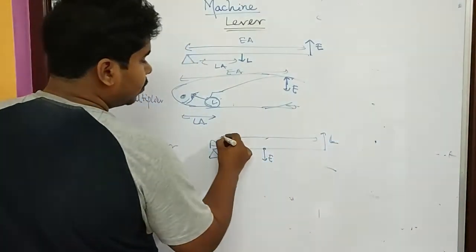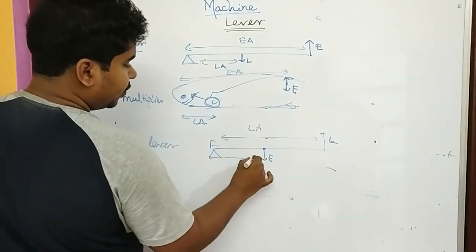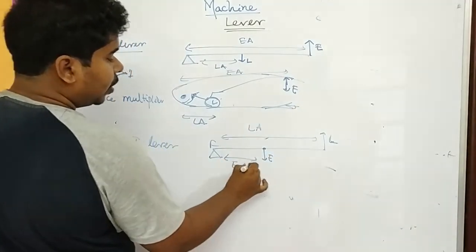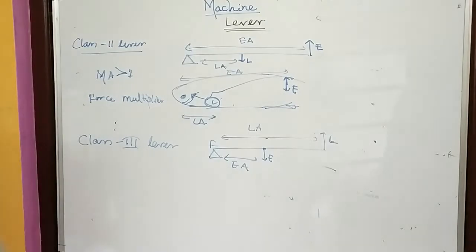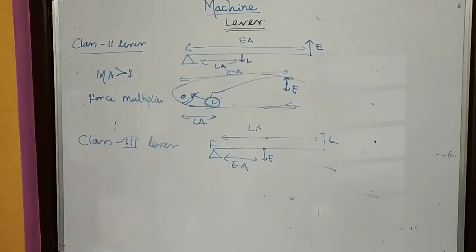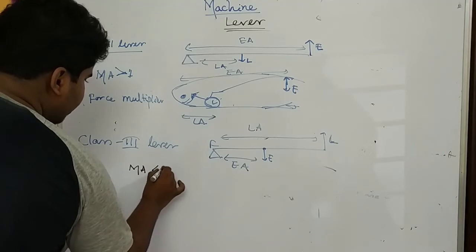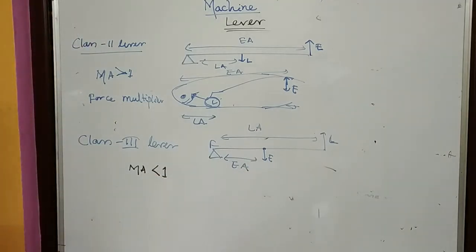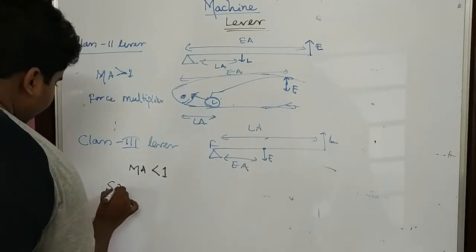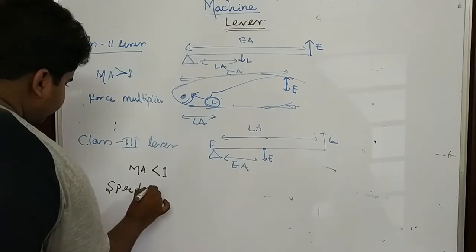The load arm is larger than the effort arm. As the load arm is larger, it is clear that mechanical advantage should always be less than 1. That means a class 3 lever is always acting as a speed multiplier.